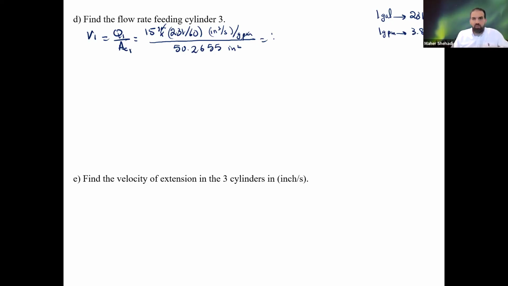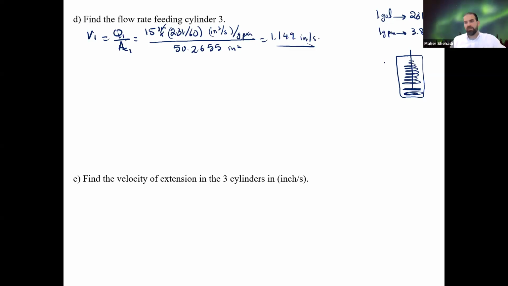So that would be 1.149 inch per second. Now that's the speed for all: this oil, the piston, and the oil right here. If this is incompressible, or even if it's air within acceptable range of compressibility, then we can say it's incompressible. So all of them are going to move at the same speed, V1.